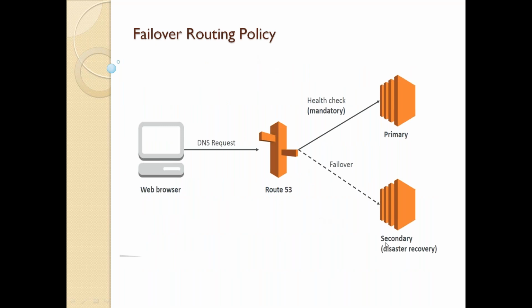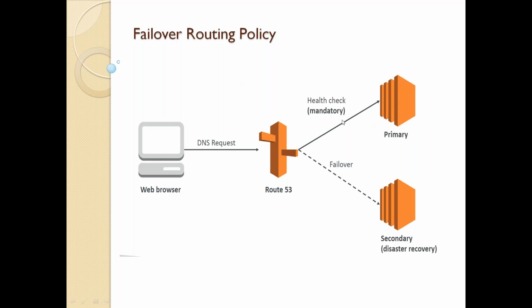So this is basically used for disaster recovery. You have a primary, say US is primary, failover is Mumbai. So anything happens, it will always check the health of this primary. If everything is fine, it will always redirect the traffic only to this one.